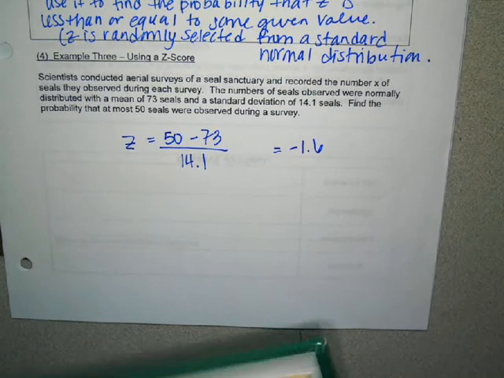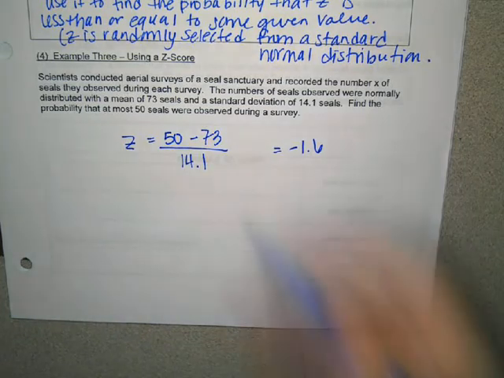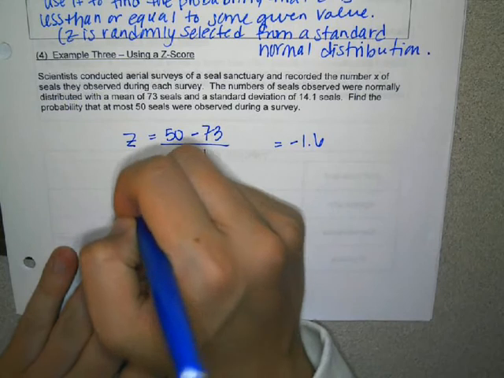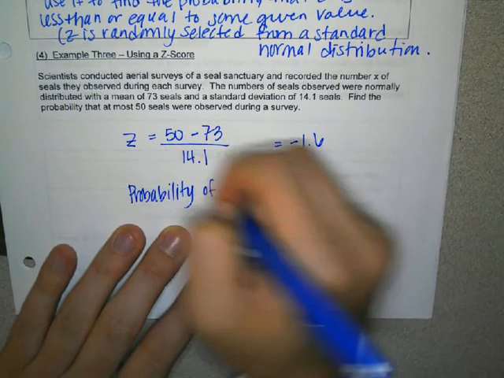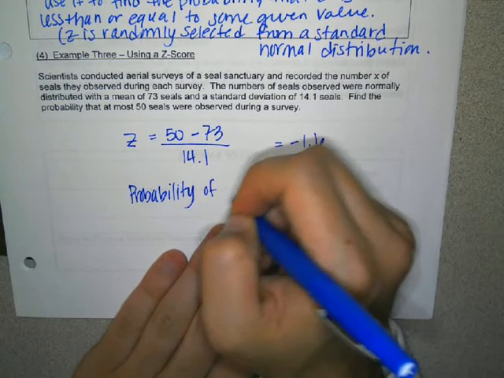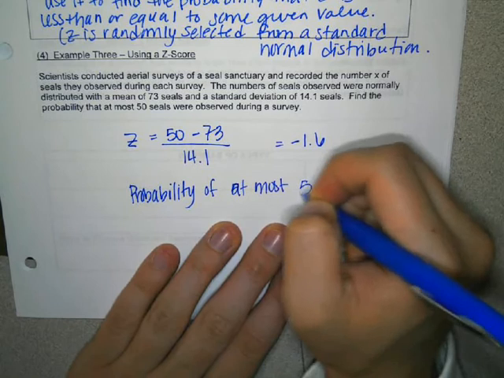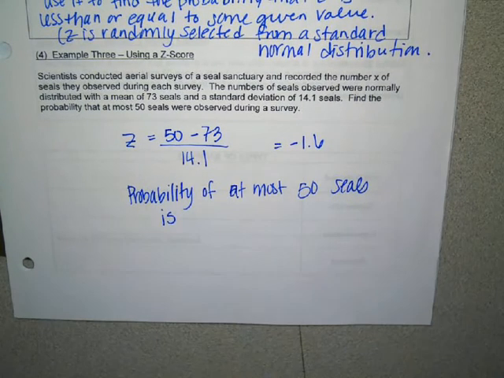Okay, so we're going to use the table to find the probability of at most. So the probability of at most 50 seals is, if we look at our table, negative 1.6.